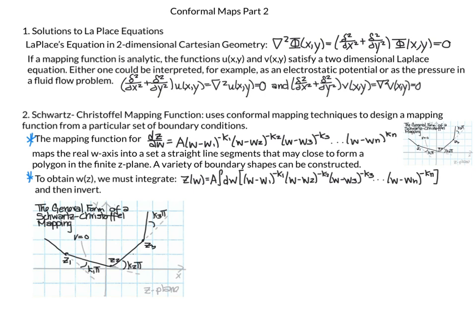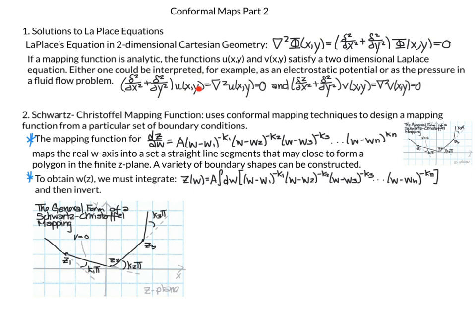If we have a function that is analytic, and we have a mapping function, which is the same thing. Remember, a function or a map is just going to go from one complex plane to another. So if we have a mapping function that is analytic, then the functions u of x, y and v of x, y will satisfy a two-dimensional Laplace equation.